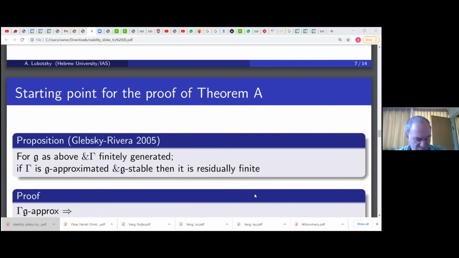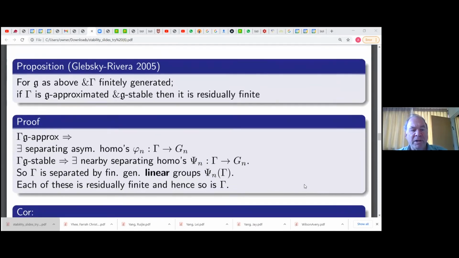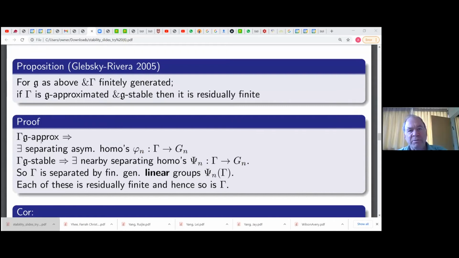Okay, every talk should contain a proof. So let me give a proof for that. Gamma is G-approximated. What does it mean? It means that there is a sequence of asymptotic homomorphisms, almost homomorphisms, phi-n, from Gamma to Gn, which separate the points, right? But first of all, these are asymptotic homomorphisms.